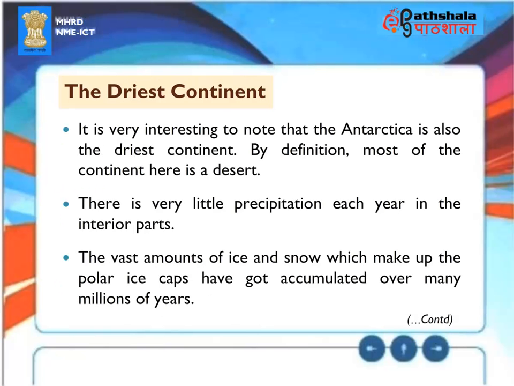The driest continent. It is very interesting to note that the Antarctica is also the driest continent. By definition, most of the continent here is a desert. There is very little precipitation each year in the interior parts. The vast amounts of ice and snow which make up the polar ice caps have accumulated over many millions of years.